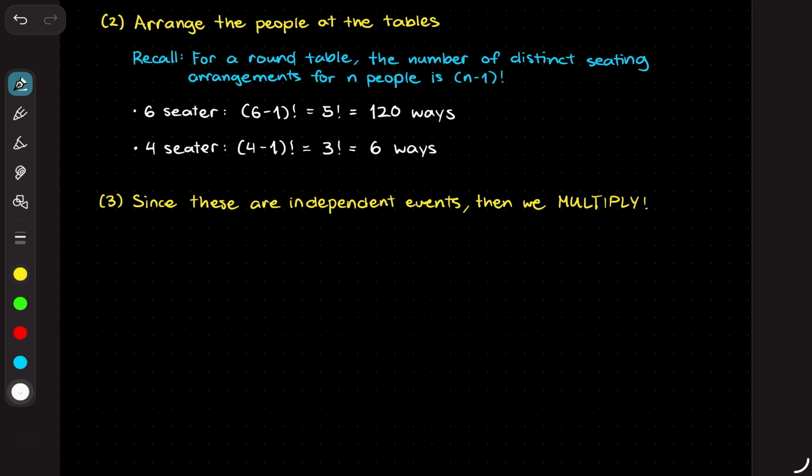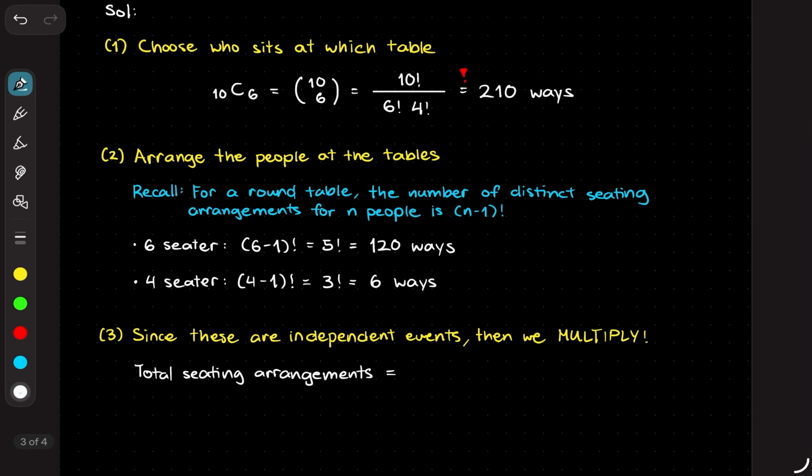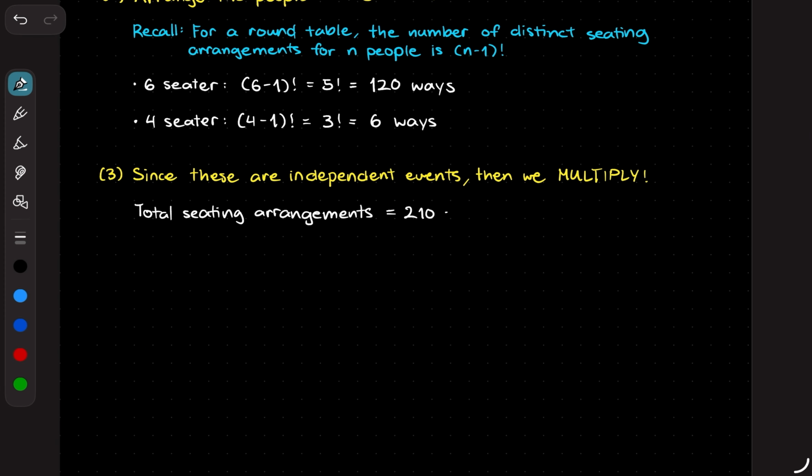Hence, to obtain the total arrangements, all we need to do is to multiply the obtained ways that we have. So 210 times 120 times 6. I'll leave this to you to verify that upon multiplication, what you'll obtain is 151,200 ways. And this is the answer that we are looking for in this problem.